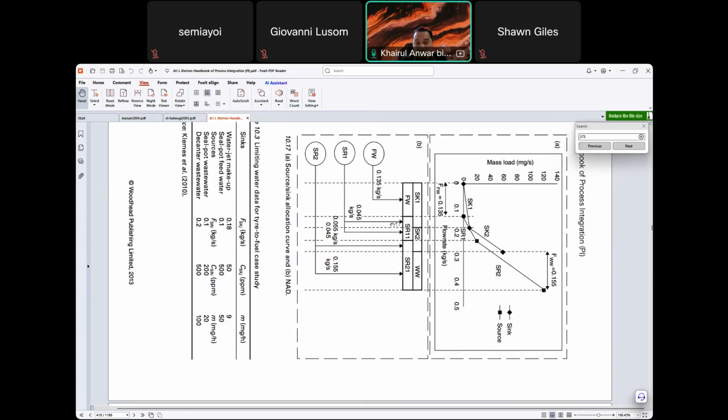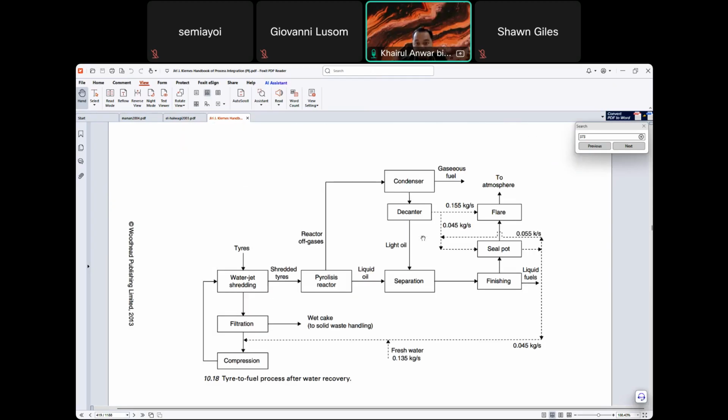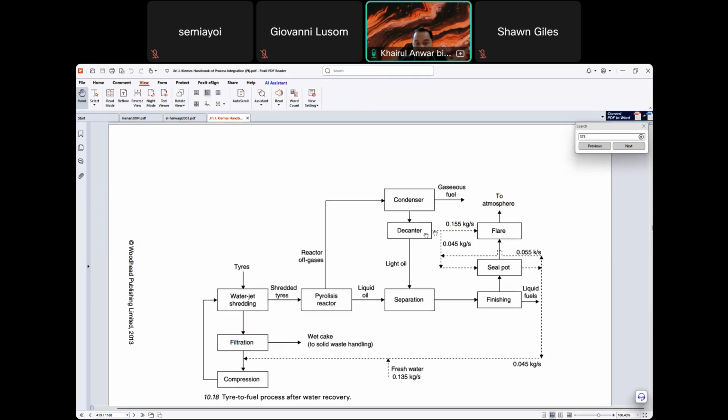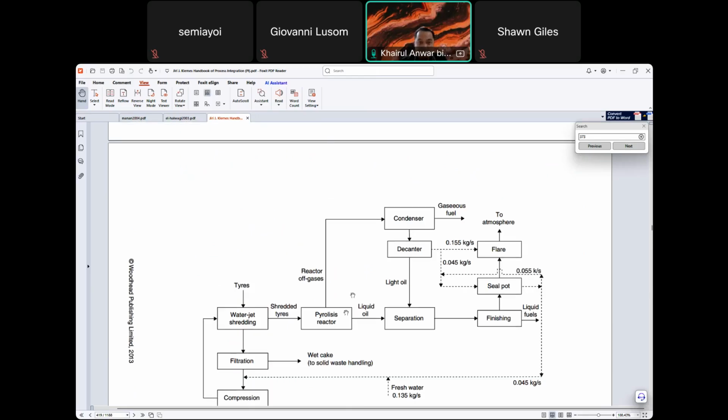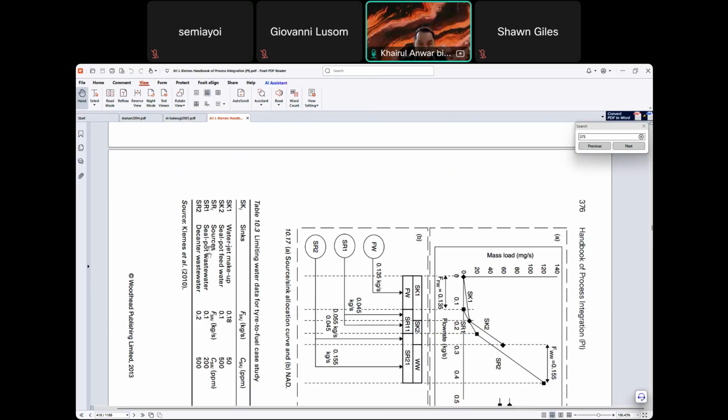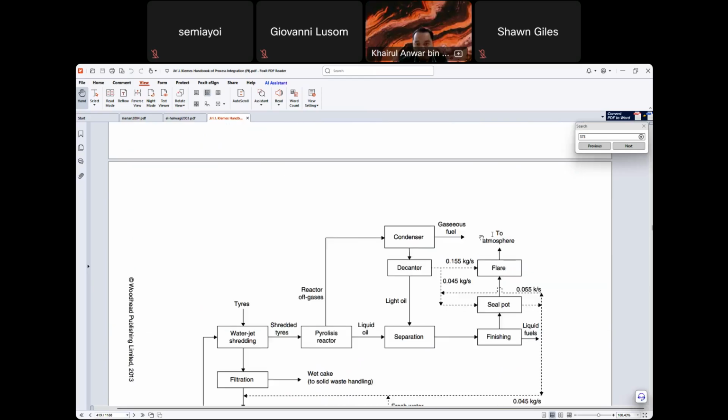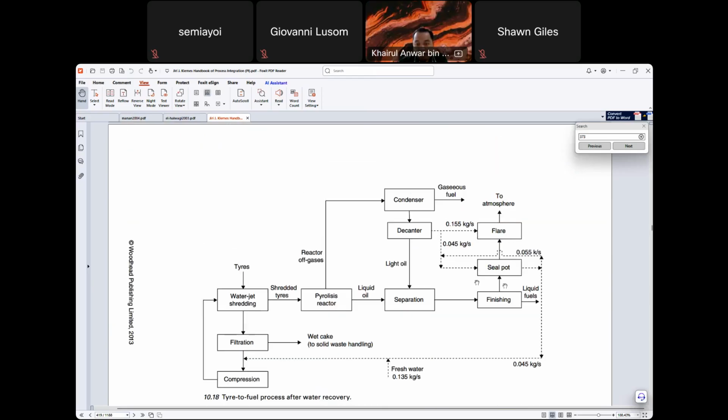So source 1 goes to the source 1 and SK2. Source 1 is the seal pot. Seal pot is here.